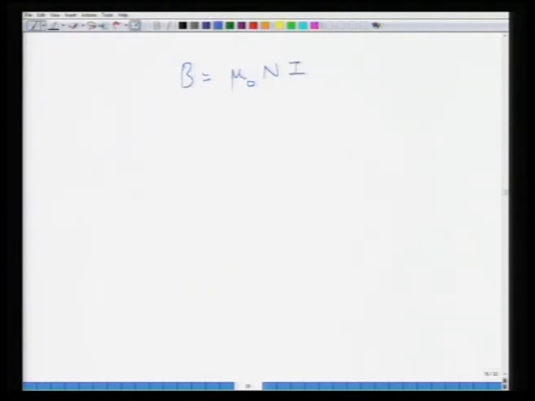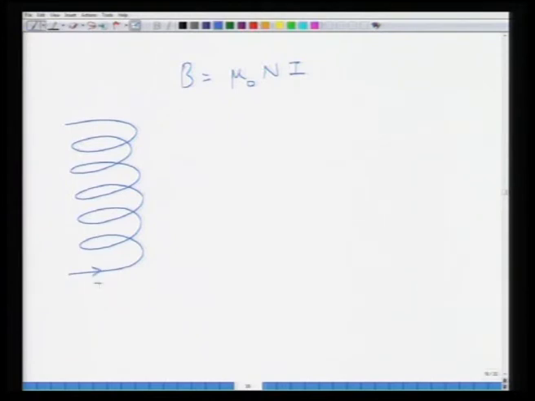So, now imagine that picture. Again I redraw this. I have a current I flowing. Now, what I do is I insert a magnetic bar inside this coil.